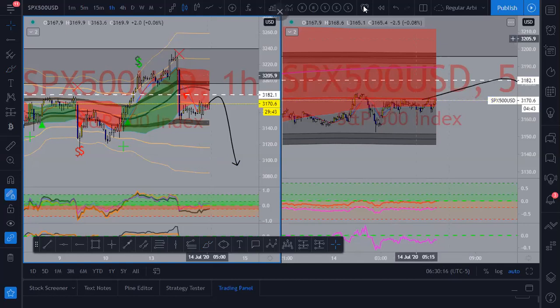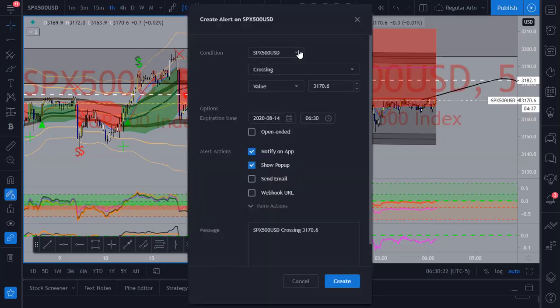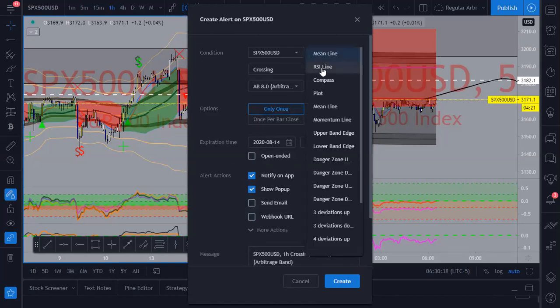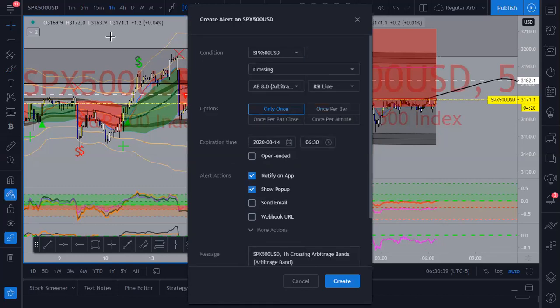So what I'm going to do is actually set up an alert so that if it does go up there, then that would be my entry to get into the trade. So actually SPX crossing value, change that to arbitrage, and then I want this to go to the RSI line. This is for the left, the 1 hour time frame.